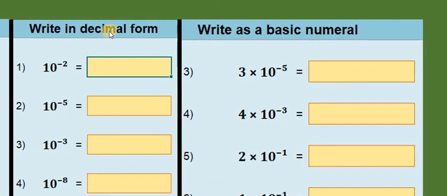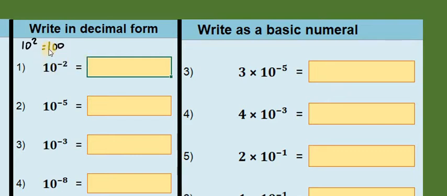Write in decimal form. Now, let me just clarify something. 10 to the negative second power. Here the power is a negative number. So what do we do? Well, here's a little explanation that I can use. 10 to the second power, when it's a positive power, is 100, correct?